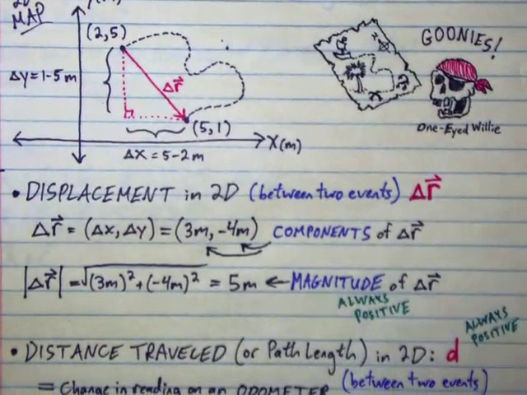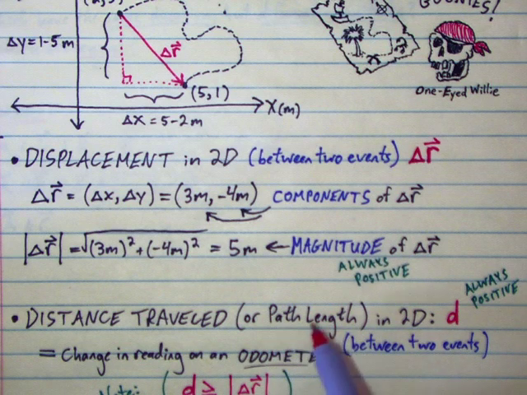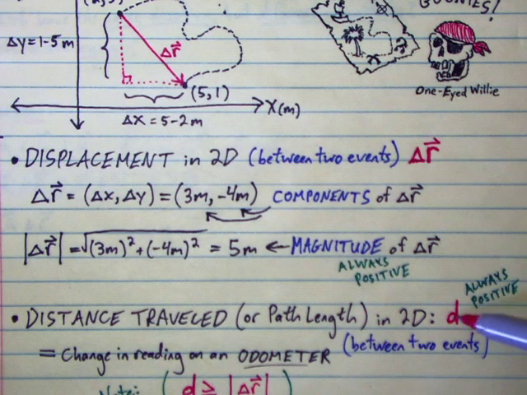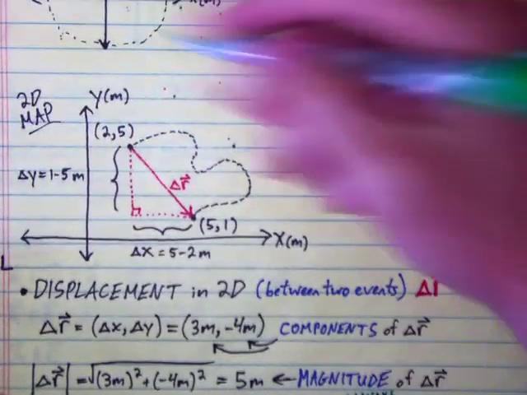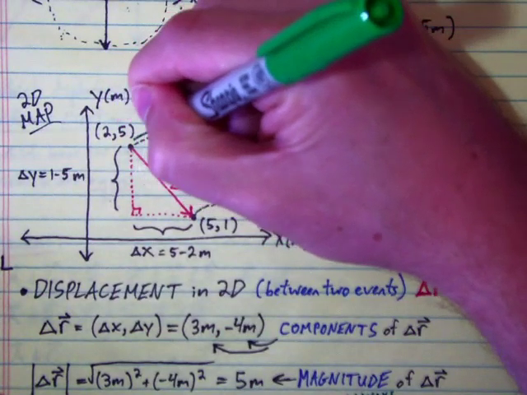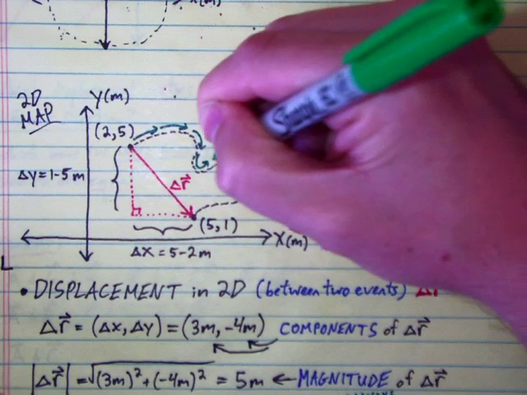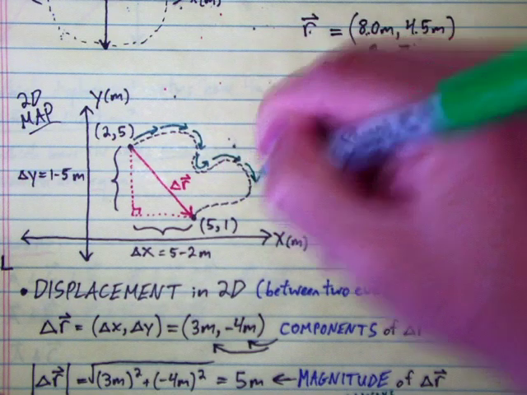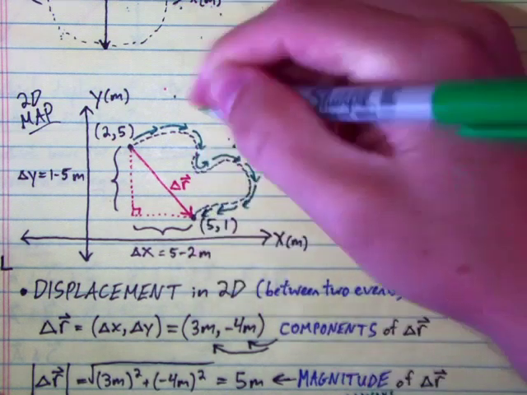We would have traveled a long way, but if we returned to where we started, our displacement would be 0. However, our distance traveled would not be 0. The distance traveled, also called the path length, the length of your path when we're in 2D, we can represent by a lowercase d. That's always a positive number, and that'll be a change in reading on an odometer, like how far you walked. So in this diagram, we could find our distance traveled, our path length, by measuring this whole distance here, counting off your steps, or wearing a pedometer, or looking at the change in your odometer.